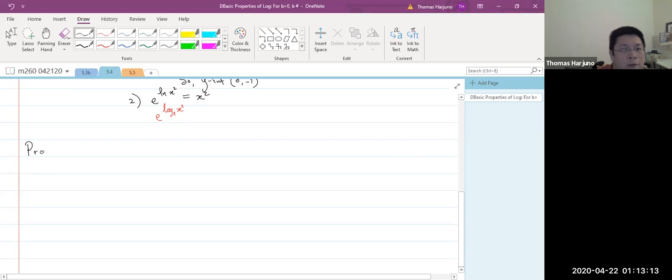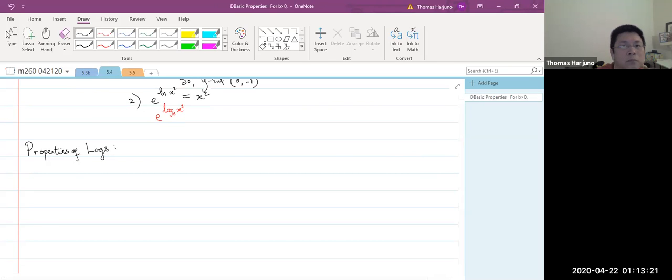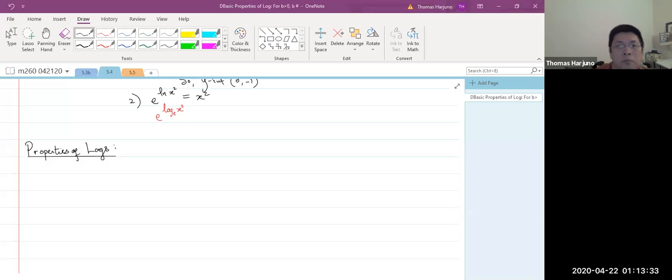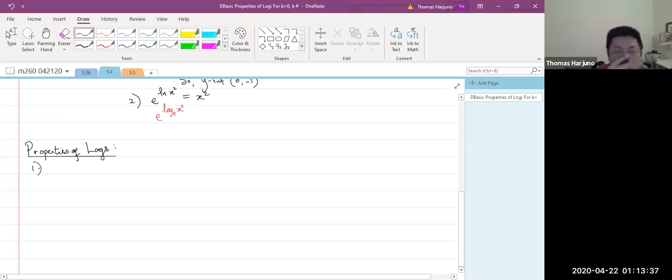Properties of log. There are three of them, and I will name them according to the number.